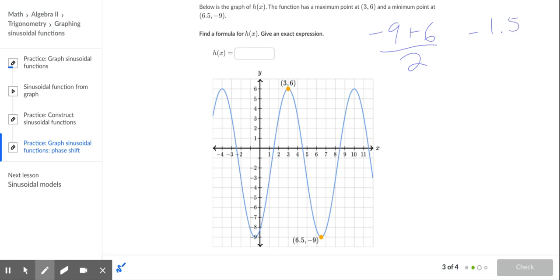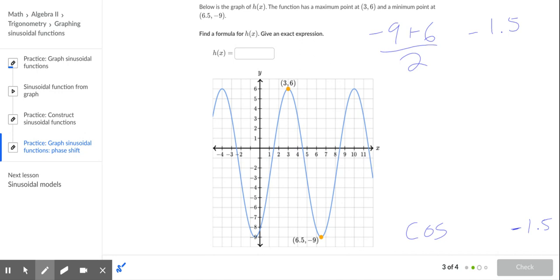That's actually what I was thinking when I said negative a half. It's negative 1.5. So our midline is at negative 1.5. So I'm just gonna make notes again. So again, this is gonna be cosine, and the midline is at negative 1.5. So that is gonna be there.